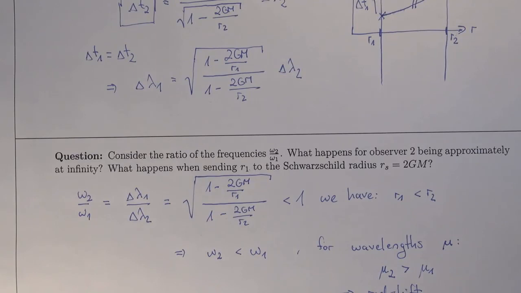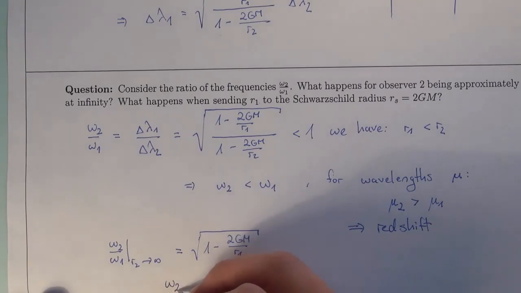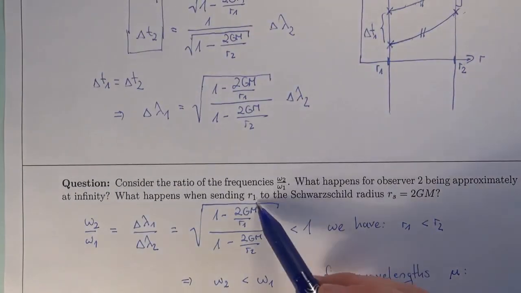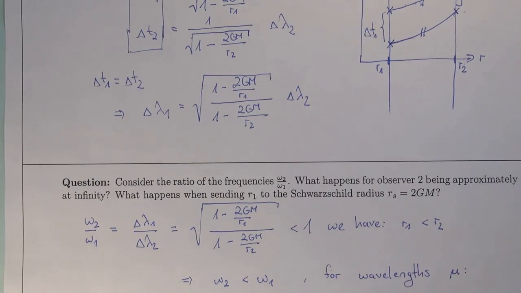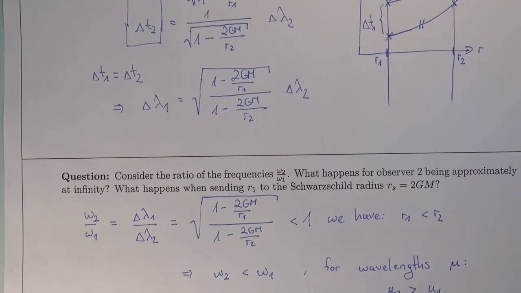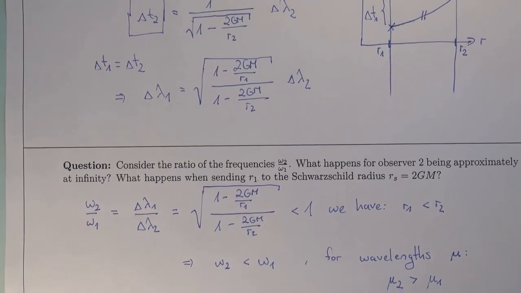So the observed frequency omega 2 grows smaller and smaller the nearer r1 is to the Schwarzschild radius, and the redshift is even stronger and stronger.